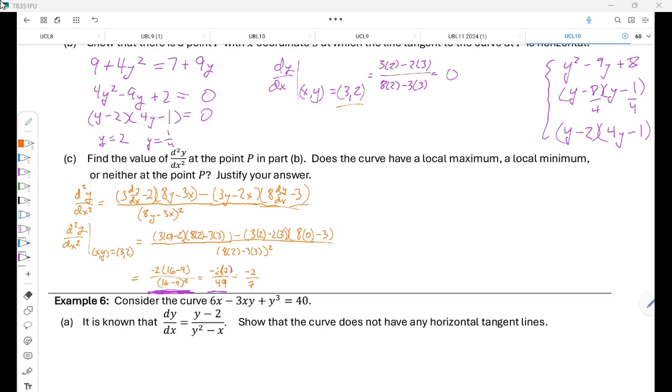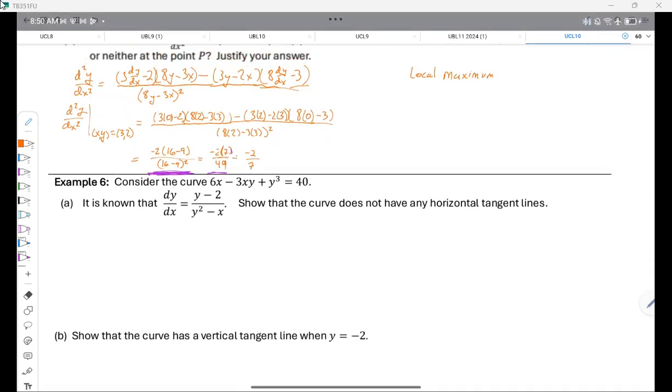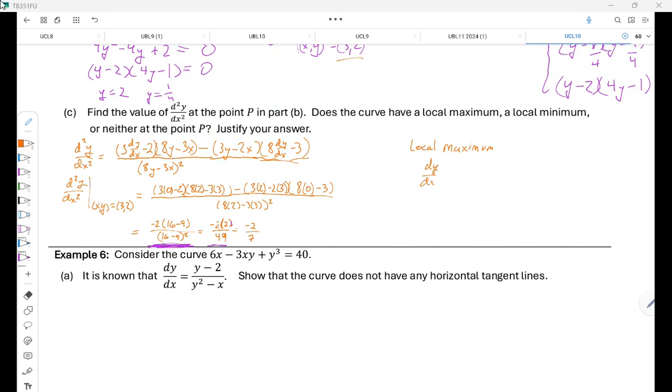So we're going to say the local maximum, and we've got to list all of the conditions of the second derivative test, which are that dy/dx evaluated at the point (x, y) = (3, 2) equals 0, and d squared y/dx squared evaluated at that same point is less than 0.